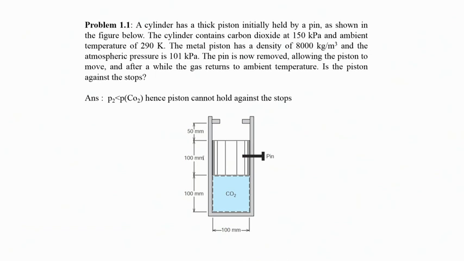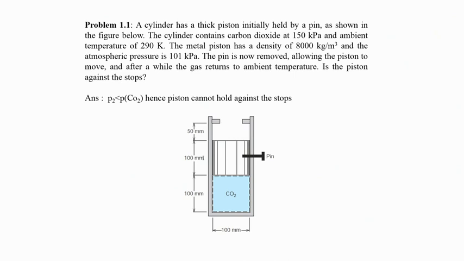As per the custom, I will go through the problem description, then draw a schematic of this problem, and then we will proceed towards solving the problem. A cylinder has a thick piston initially held by a pin as shown in the figure below.